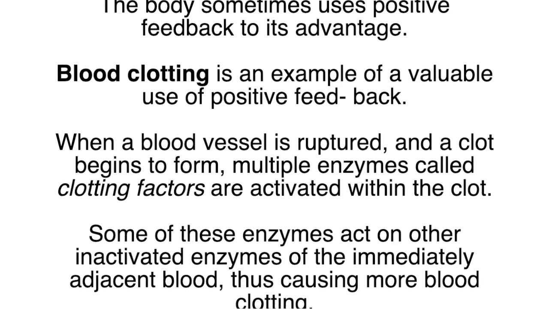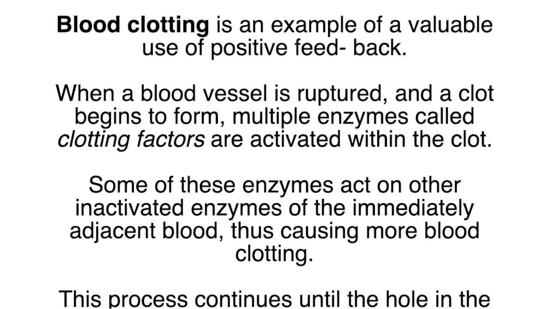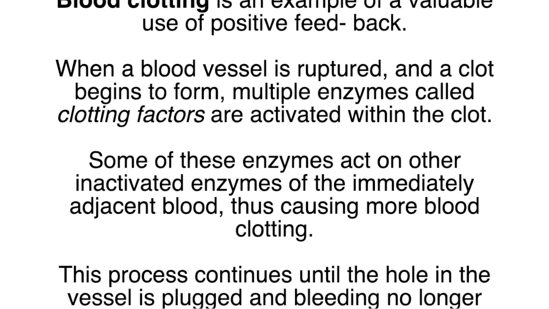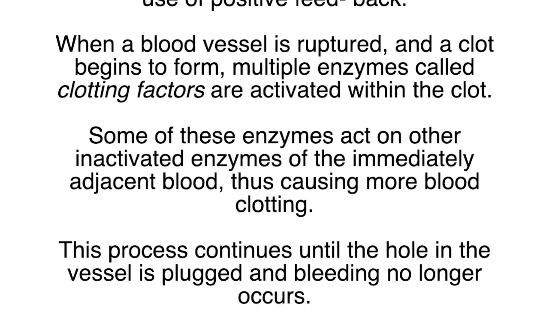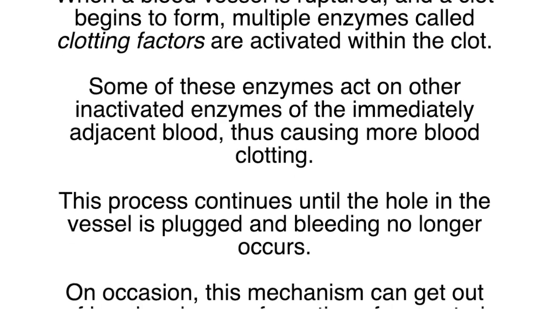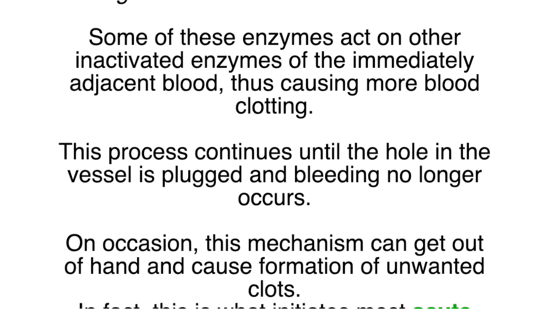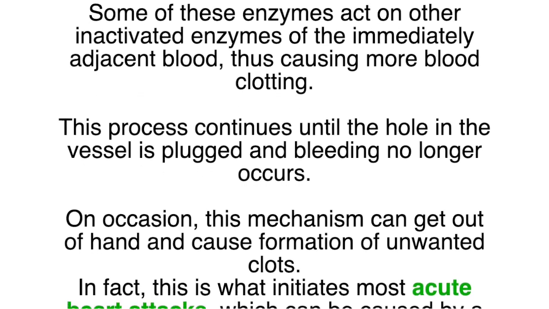Some of these enzymes act on other inactivated enzymes of the immediately adjacent blood, thus causing more blood clotting. This process continues until the hole in the vessel is plugged and bleeding no longer occurs.